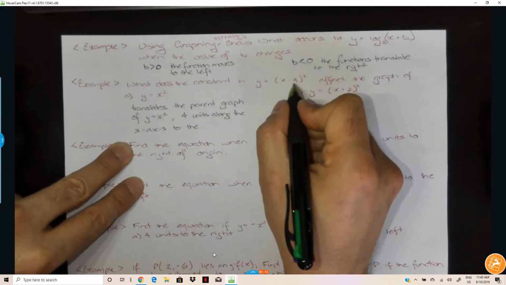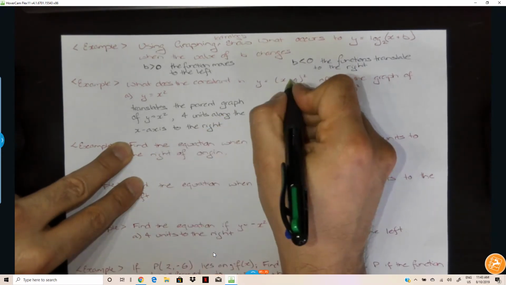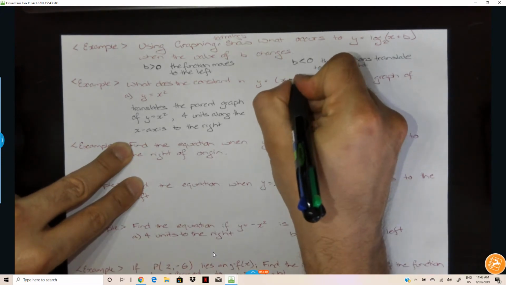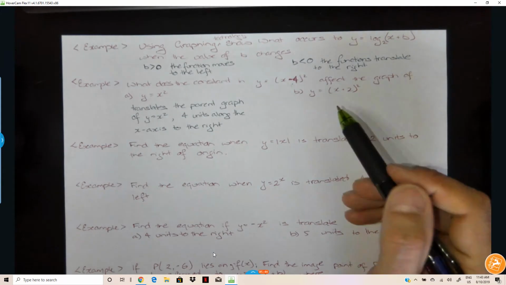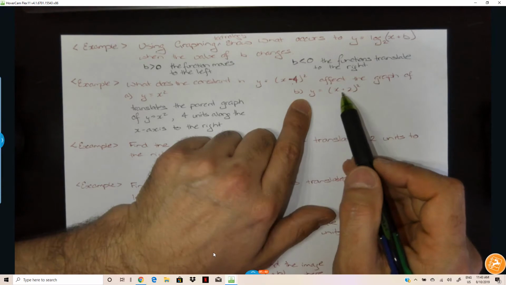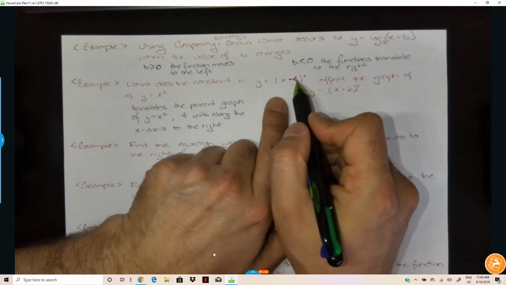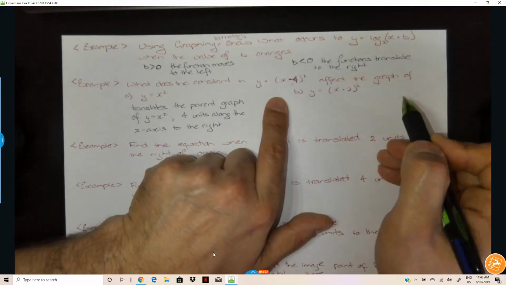Oh no, sorry. 4 is negative, so we're going to go to the right. So it's minus 4. Here, this is our new graph. So our parent graph, y equals x plus 2 all squared, and we're going to translate it another 4 units to the right.